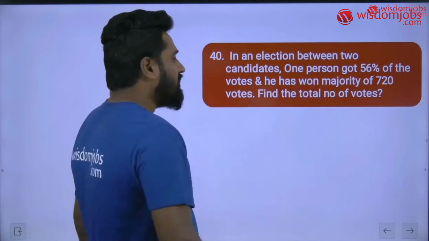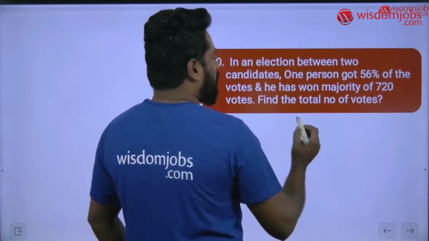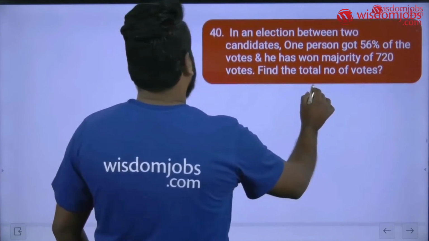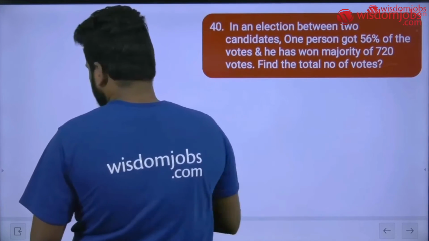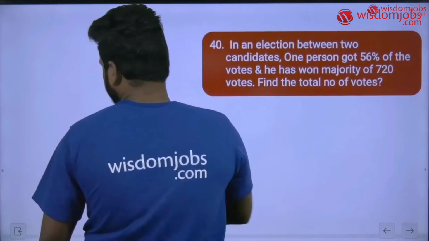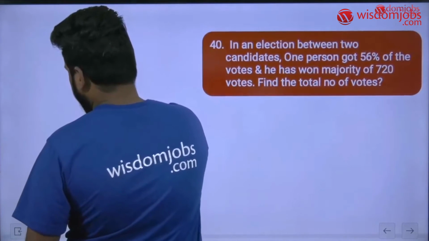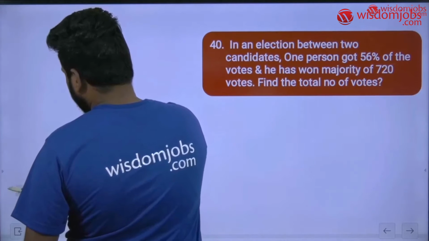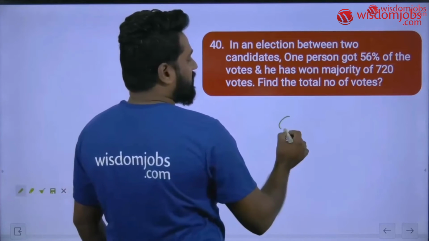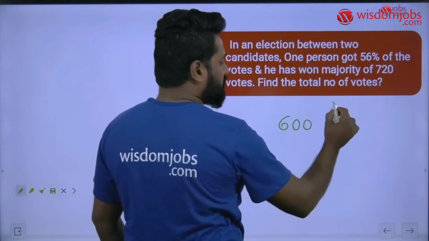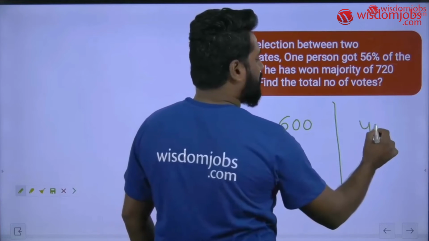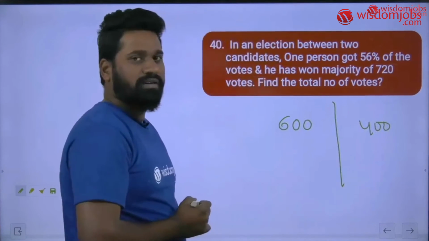For example, the first person got 600 votes. Observe here. Another person got 400 votes, for example.